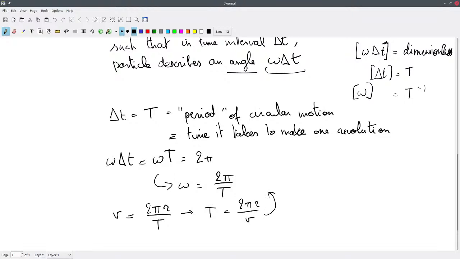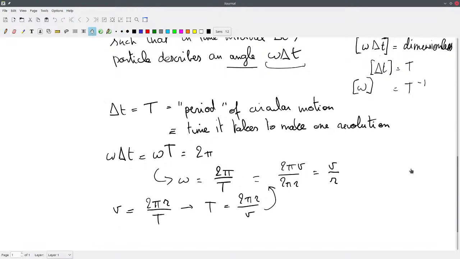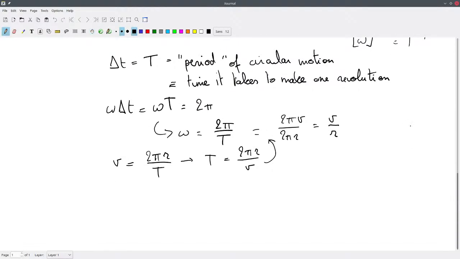We can now plug this in, and use that to calculate another expression for omega. So omega will be 2 pi over 2 pi r over v, and we'll end up with v over r as the expression for omega. So a couple of formulas then: we've got this one for the period, and then we have omega is v over r.